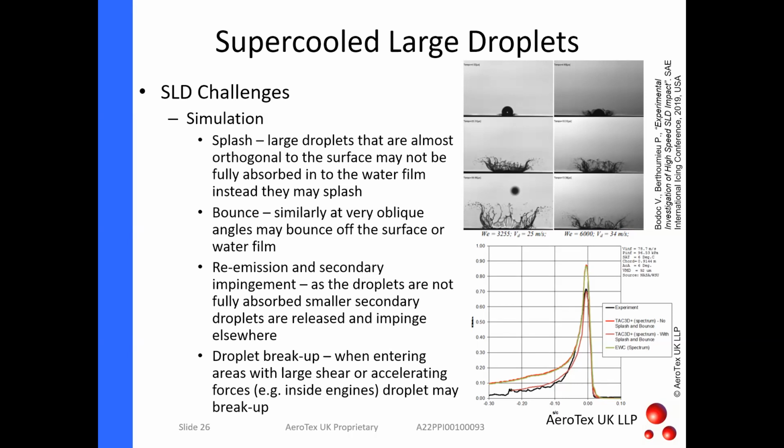So if you look in the bottom right figure, there are methods that have been implemented. The black line shows the experiment, and if you were to run the codes normally, you would get the upper red and green lines, but we have corrections based on the Weber number and the Ohnesorge number, I can't remember how it's pronounced, and the angle of the droplets, which gives good correlation.